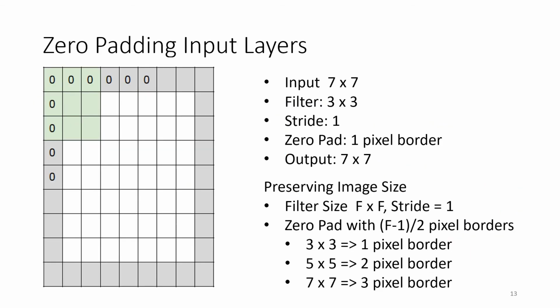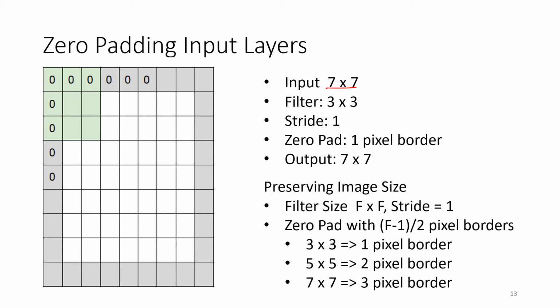Now, in order to preserve image size and save us some time and confusion from calculating output sizes, one option is to zero pad the input. For example, let's revisit the example we had before.